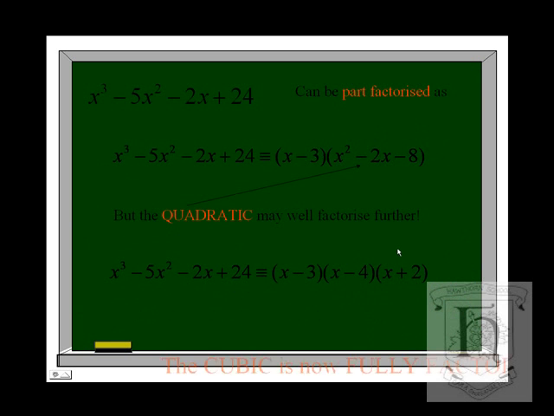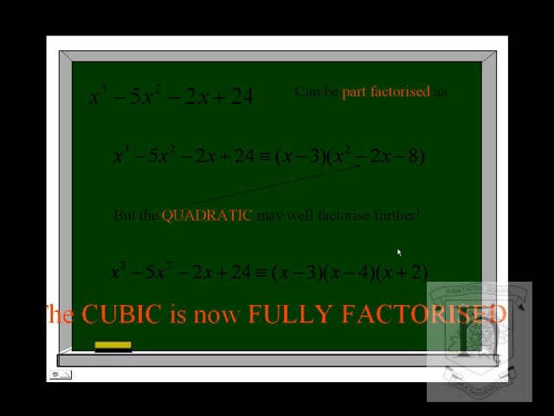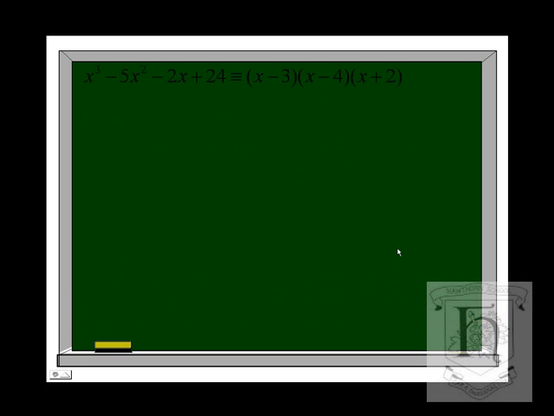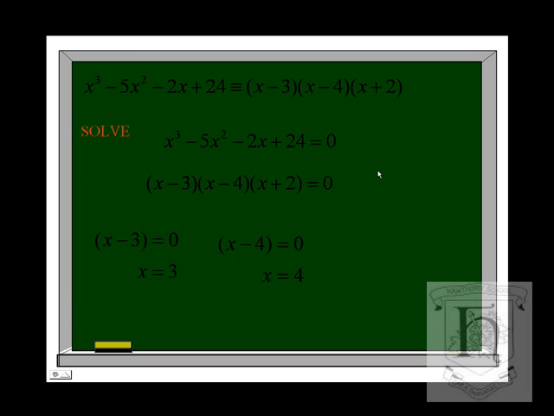We now have an expression which is fully factorized. Don't forget, this is not the end of the question, because we wished to actually solve the cubic equation equals 0. And now that we have the factorized cubic, then we can set each of the 3 factors equal to 0.